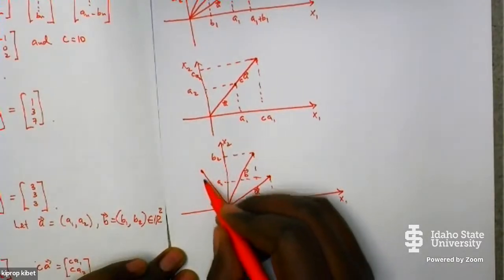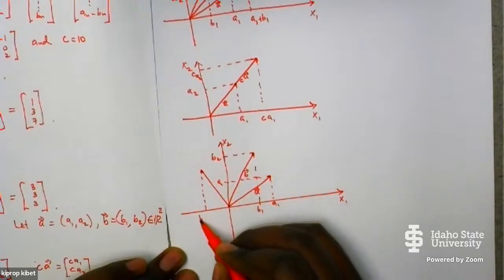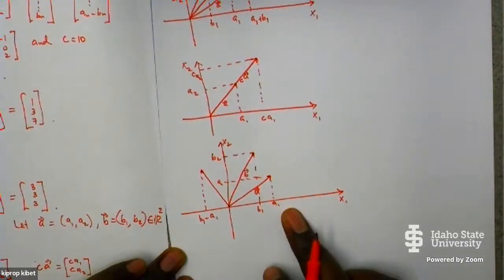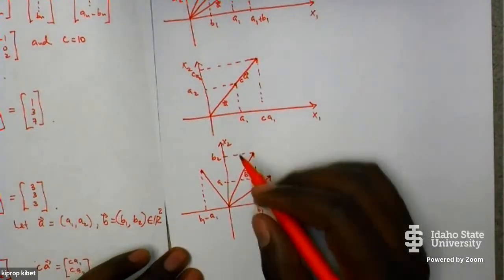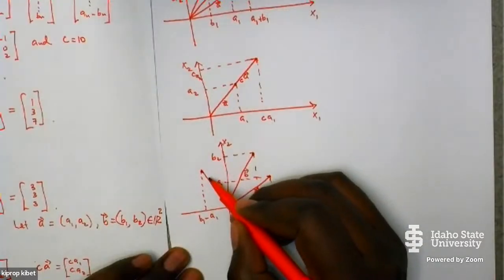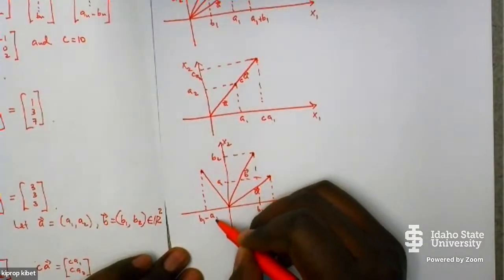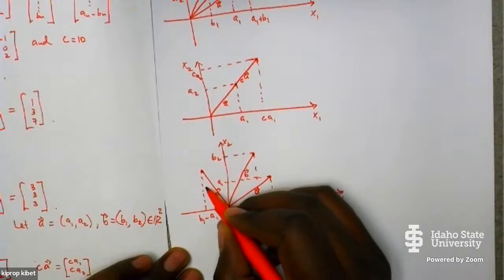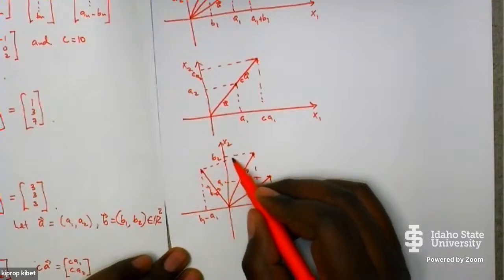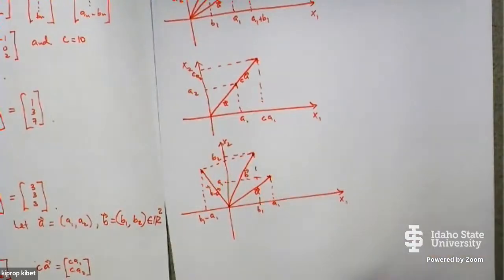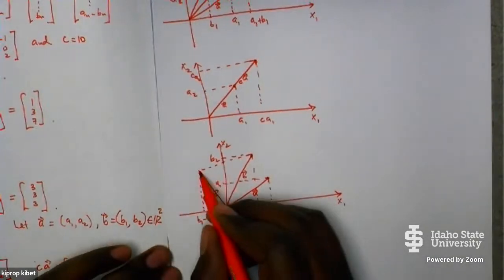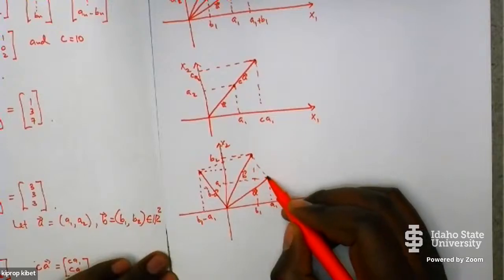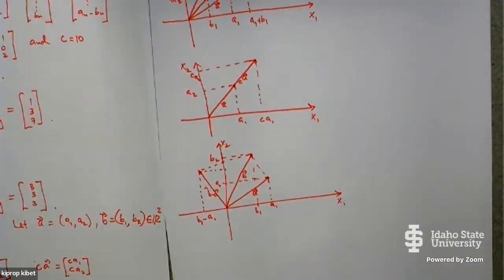So this is our B1 minus A1, and therefore this is B minus A.